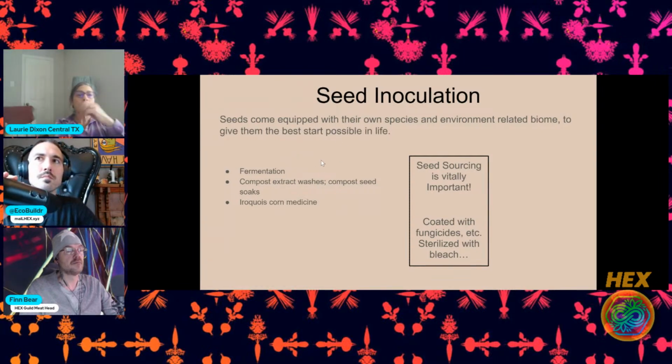And what happens is the seed uses that microbiome initially to help it germinate, but then when it's done, that goes into the soil. So seed inoculation is extremely beneficial and extremely easy.